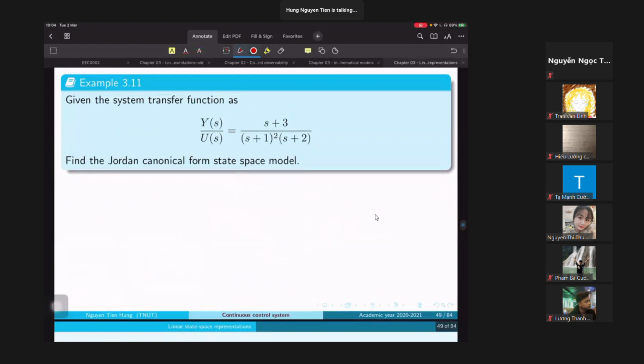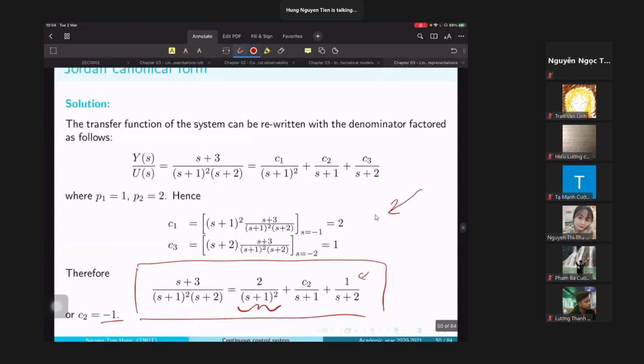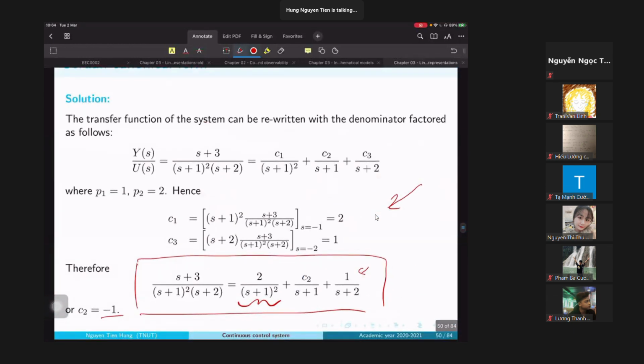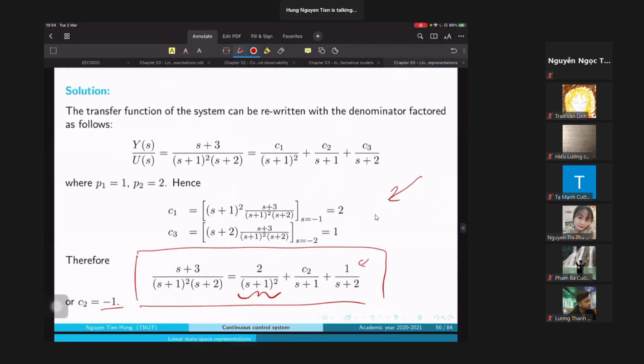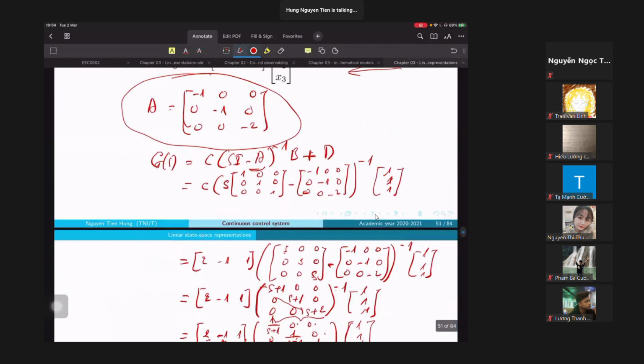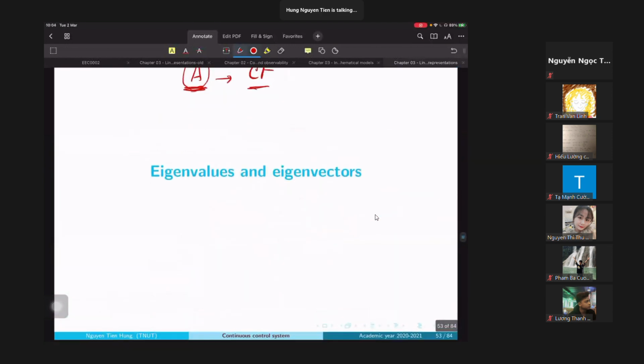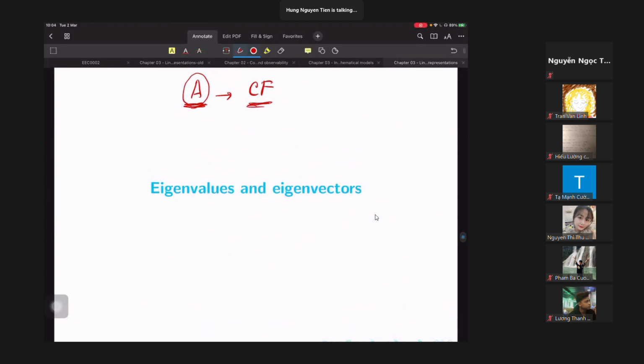We can find the Jordan canonical form, we can find the diagonal canonical form, but it's not the way we will use in reality. Because we have another, better way to compute the canonical form, which is based on the eigenvalues and eigenvectors, and they have some features that we can use.